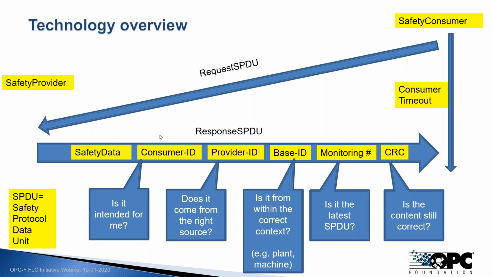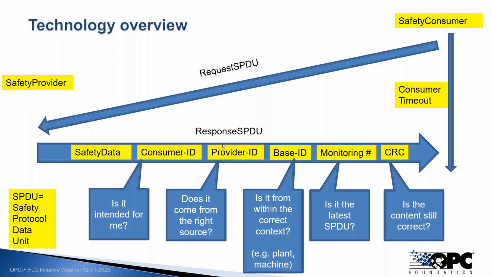Imagine a large network with a lot of consumers and providers. There could be problems or errors which result in answers being distributed to the wrong consumers. With the consumer ID, I can check: does this response SPDU really belong to the request I just sent to the provider?